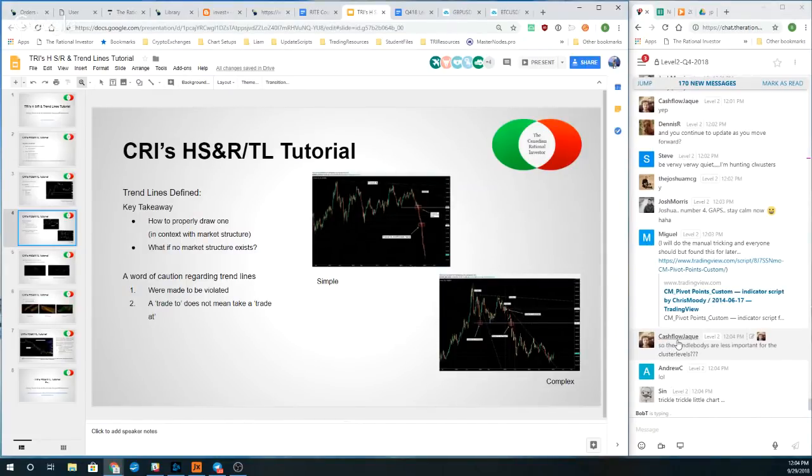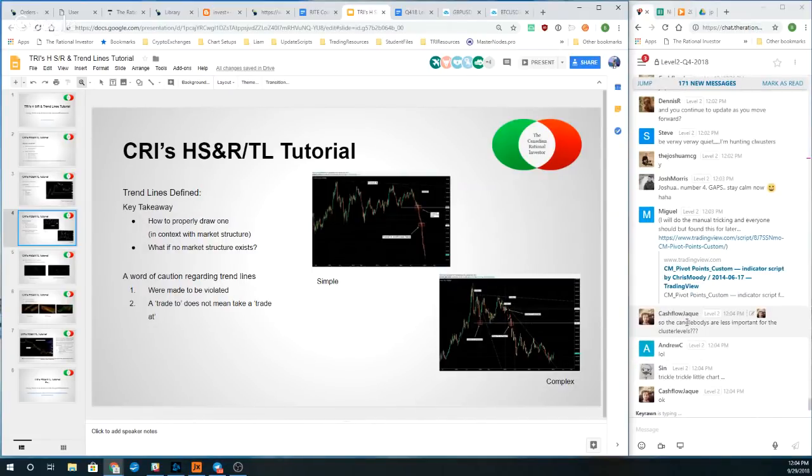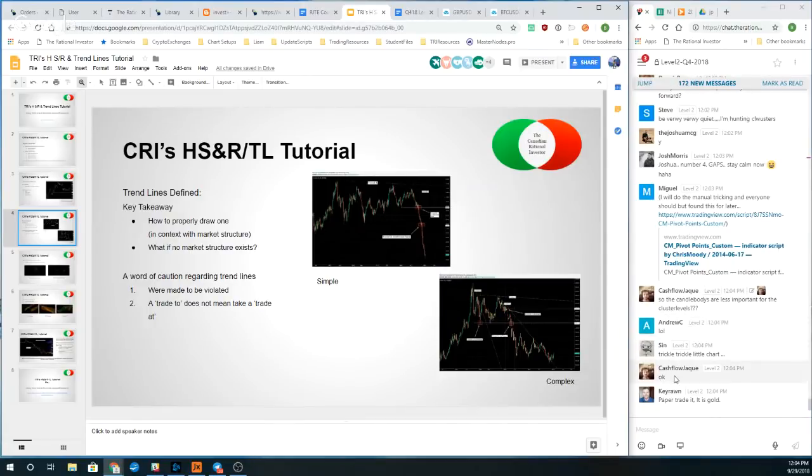Now, remember, you could change your chart to a line chart, and most institutions operate off of line charts. A line chart will only have those candle body highs and lows. So as a fun assignment for you, I think you just volunteered to do one example of both. So I want you to pick an asset.